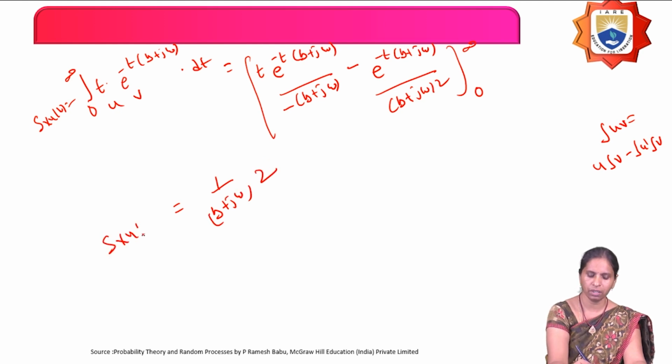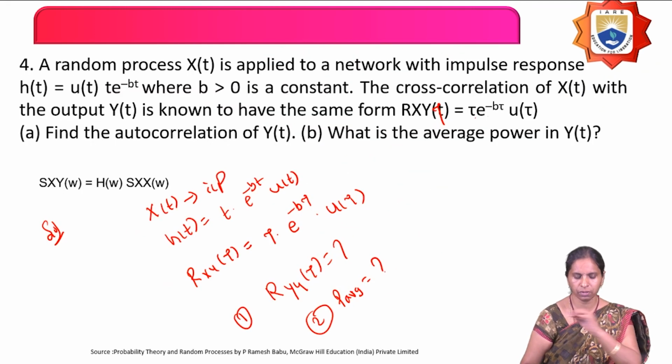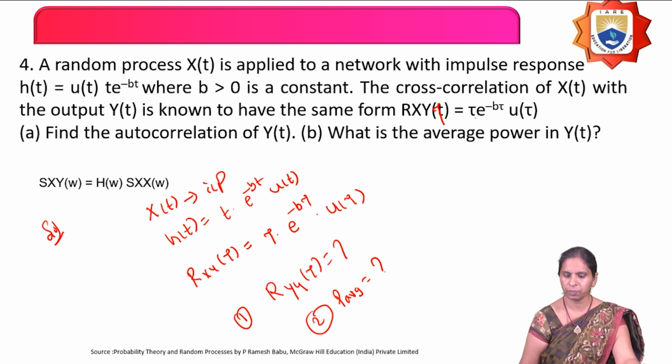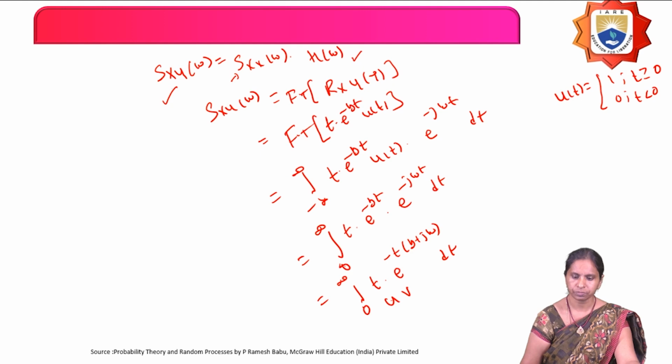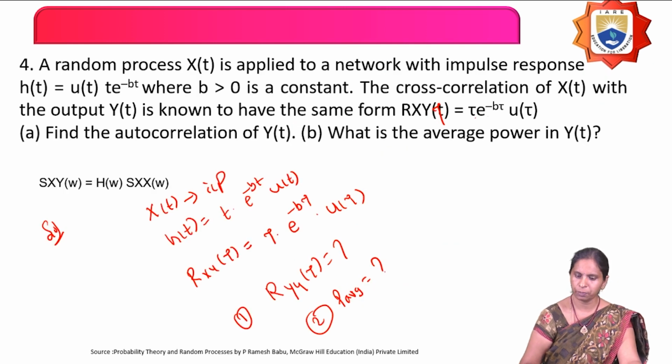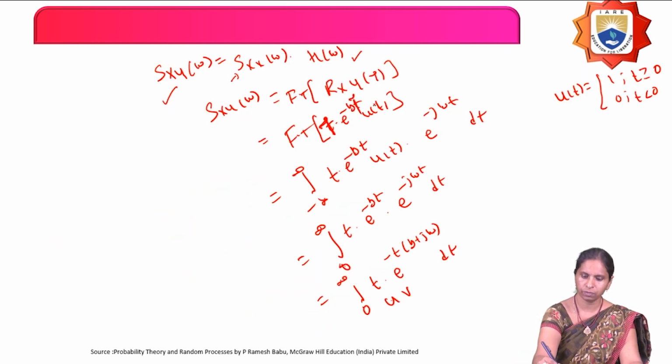This is nothing but what? Sxy of omega. And this is nothing but h of t. So what is Rxy of tau? e power tau into e power minus b tau u of tau. What are the values in place of t here? u of tau. So e power tau into e power minus b tau u of tau.